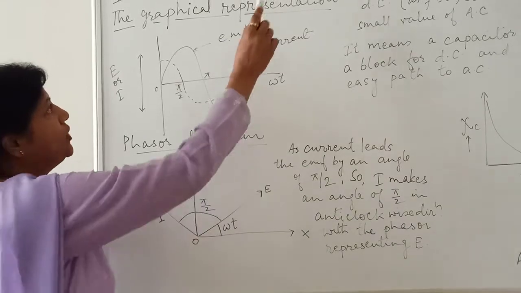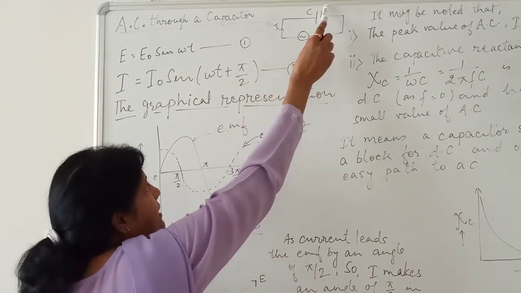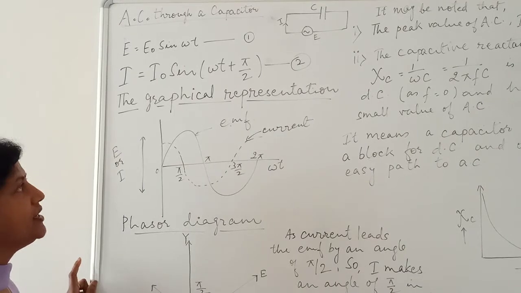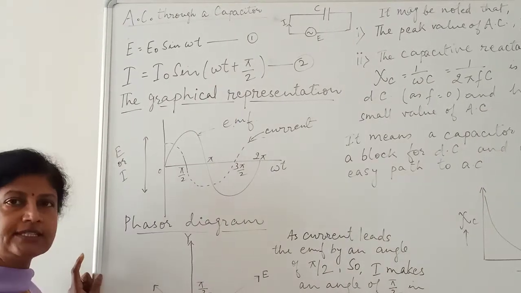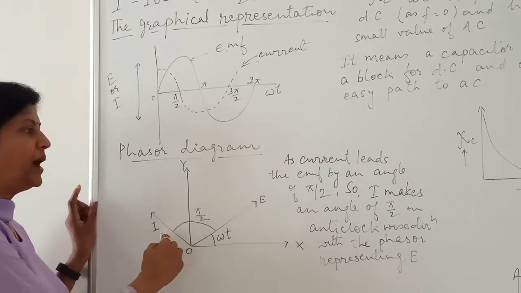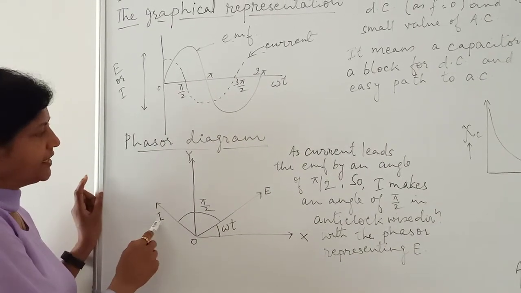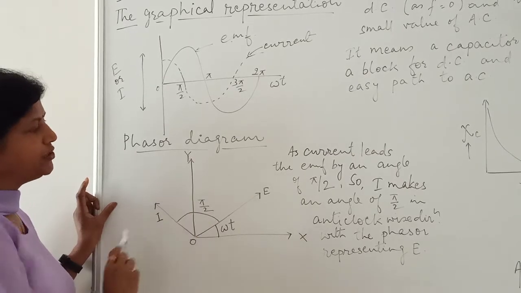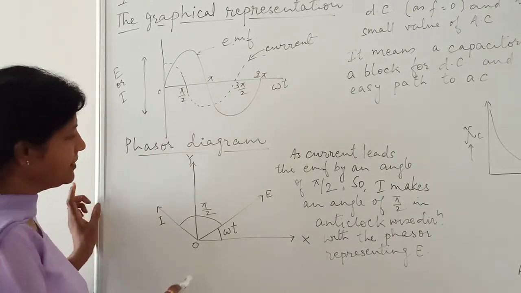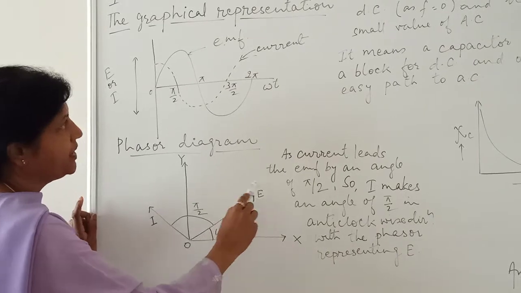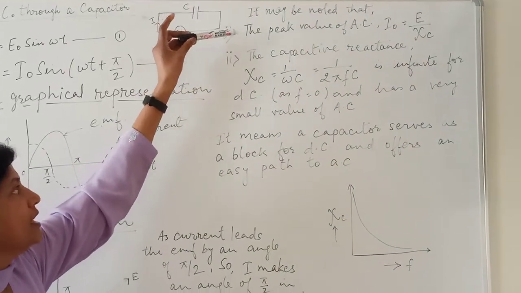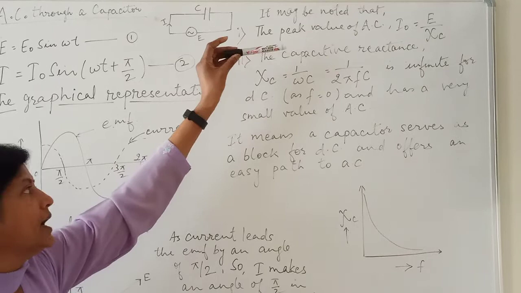In this particular circuit, capacitance is connected with alternating EMF, and as current leads the EMF by an angle of pi by 2, this current makes an angle of pi by 2 in anti-clockwise direction with the phasor representing EMF E.